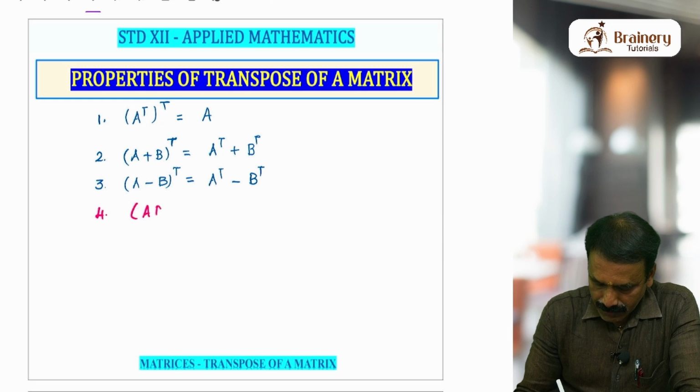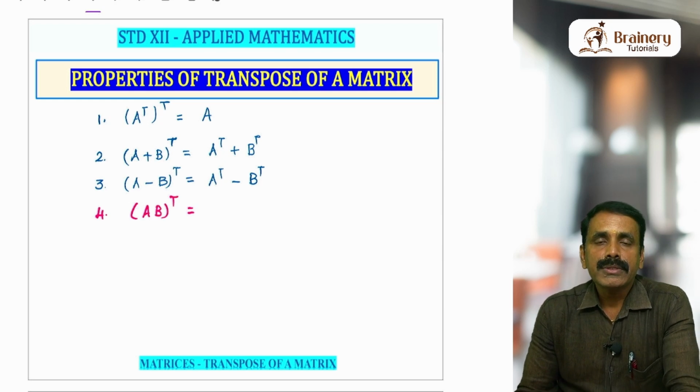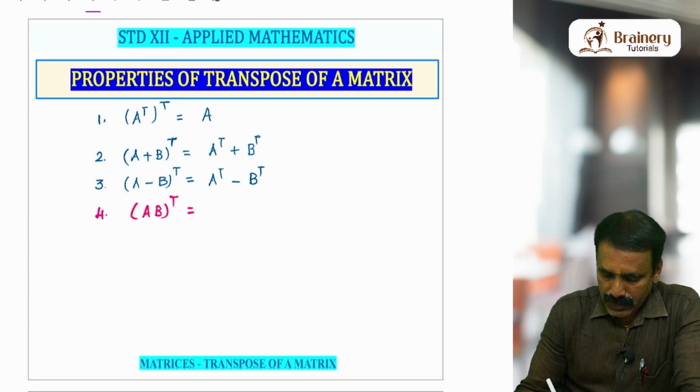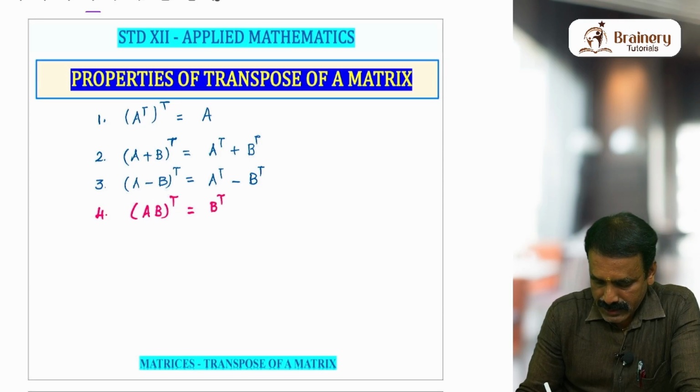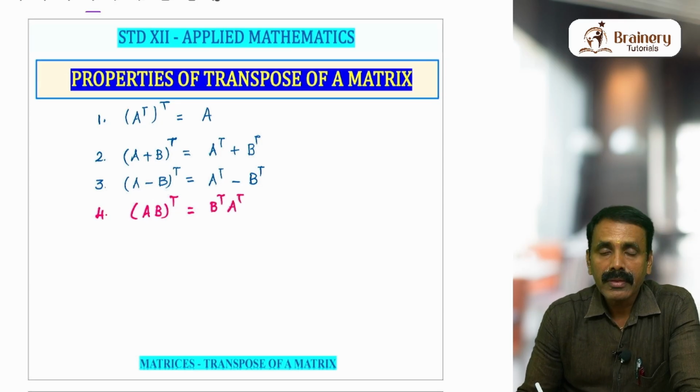This is a very important property. What is the transpose of the product? AB whole transpose is not equal to A transpose B transpose. It is not equal, but the transpose of the product will be equal to the product of their transposes taken in reverse order, that is B transpose A transpose.